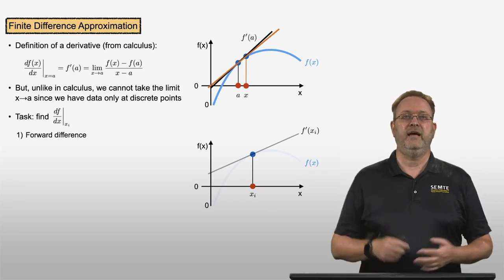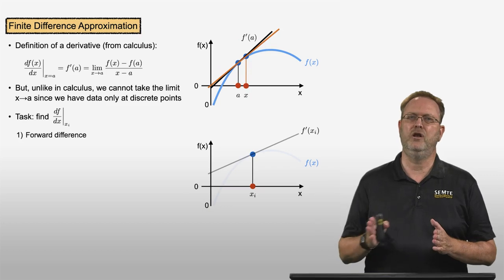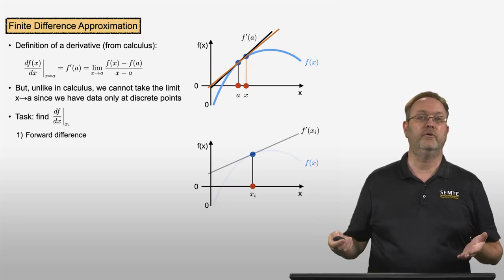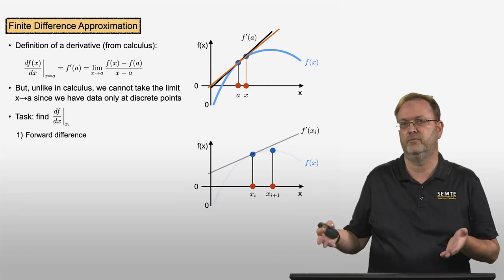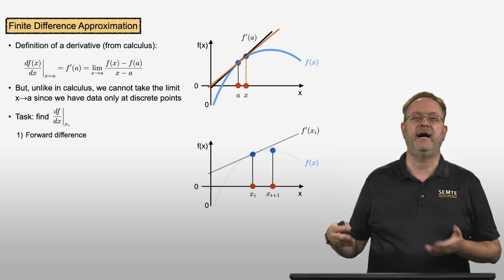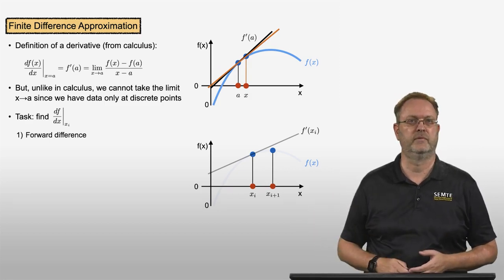Now let's go back to the definition from calculus, and I'm going to move my second point x as close as possible to the point where I'm interested in the derivative. And the neighboring point, the closest point, would be to the right, x sub i plus 1, where the subindex indicates that this is the next point.